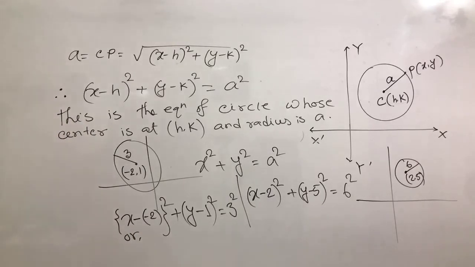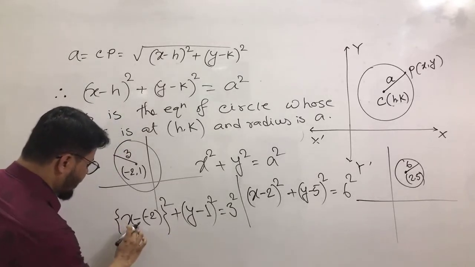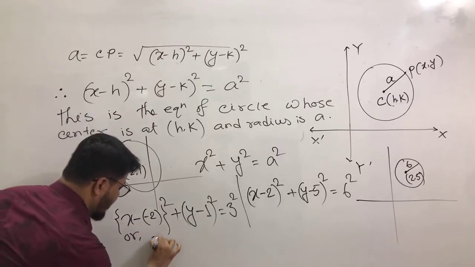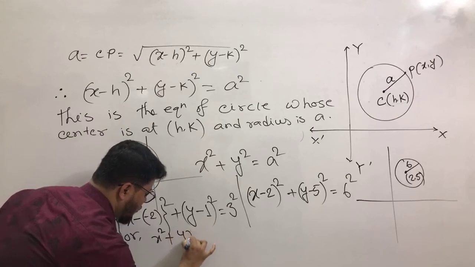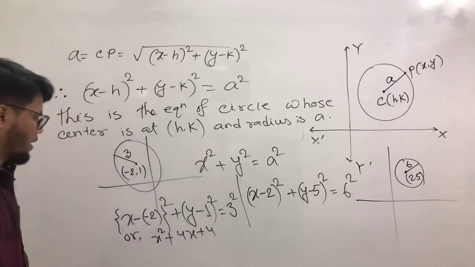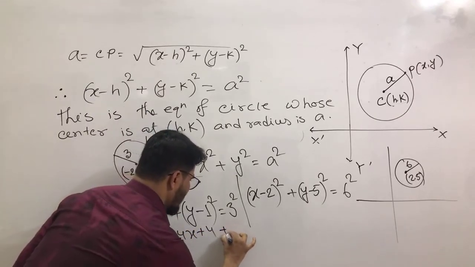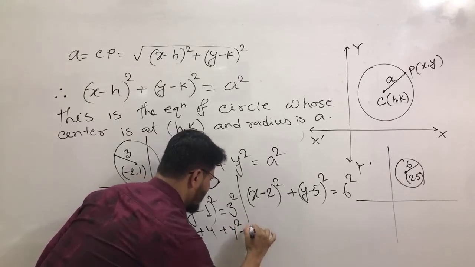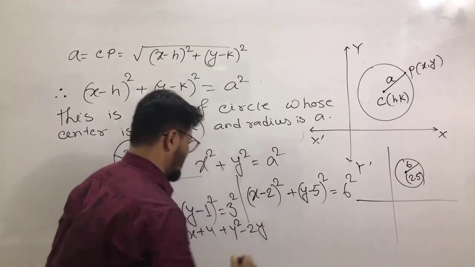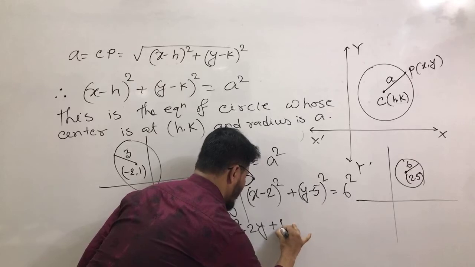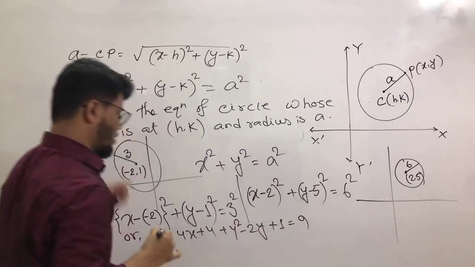Now doing the calculation here, x plus 2 whole square is x square plus 4x plus 4. And here you will get y square minus twice y plus 1 equal 9.